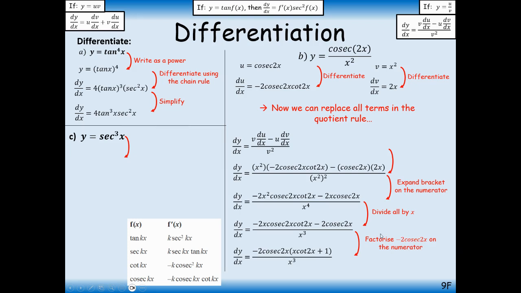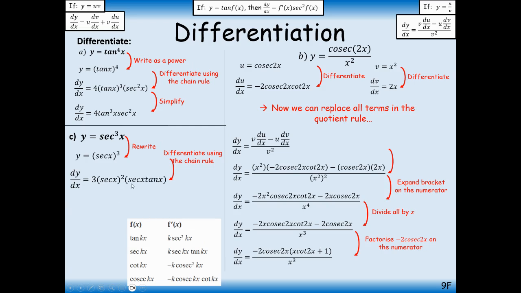Okay, so now looking at question C here, secant raised to the power of 3 means that basically there is one function that you can write as secant to the power of 3 and apply the chain rule here. If you don't remember, secant, its derivative is secant itself multiplied by tan, and so once we apply the power rule, we'll have 3 times secant squared, and that needs to be multiplied by the derivative of secant itself, which is secant of x in our case, times tan of x.